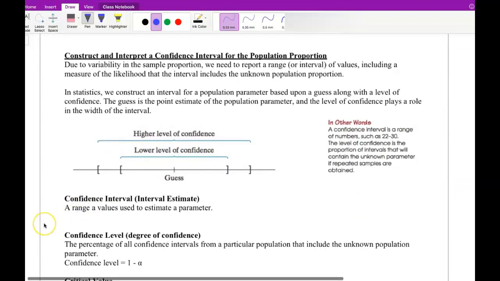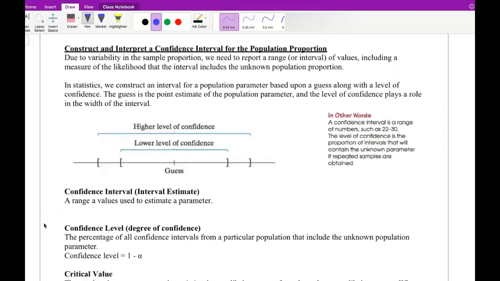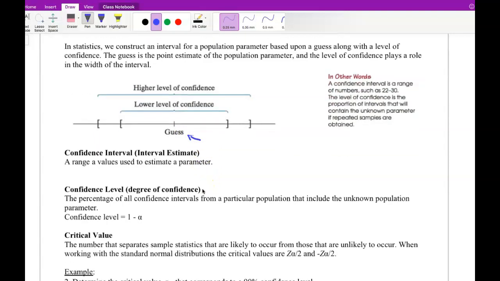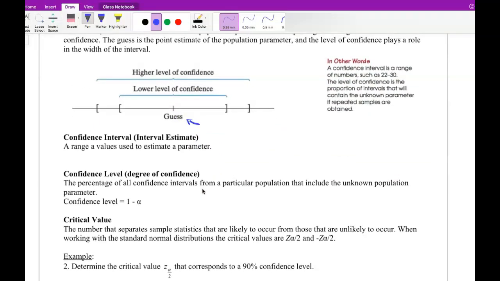Now, to construct and interpret a confidence interval, we have this point as the point estimate, an estimate of a population parameter.